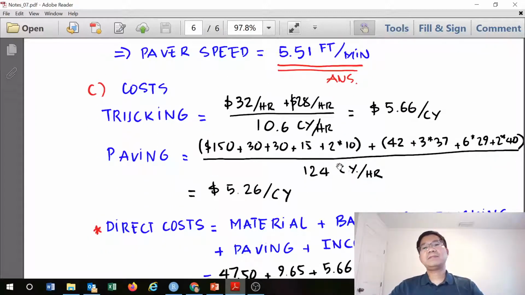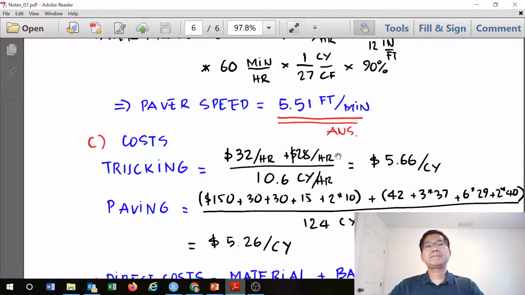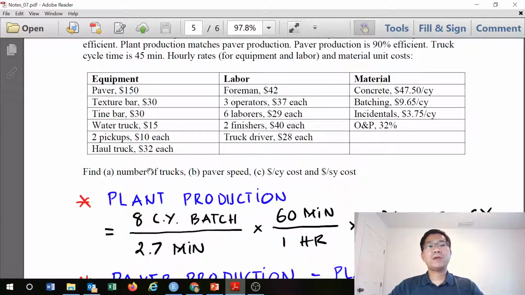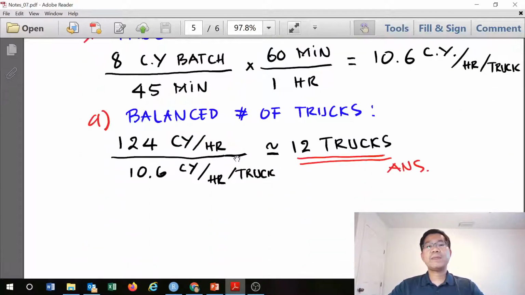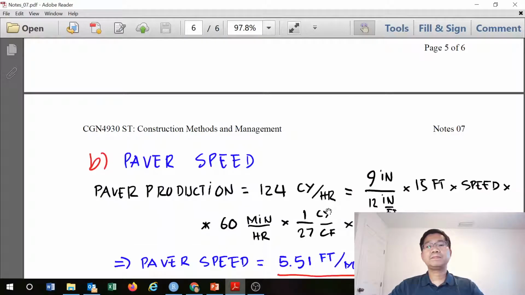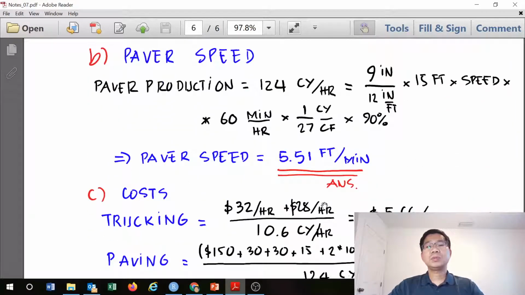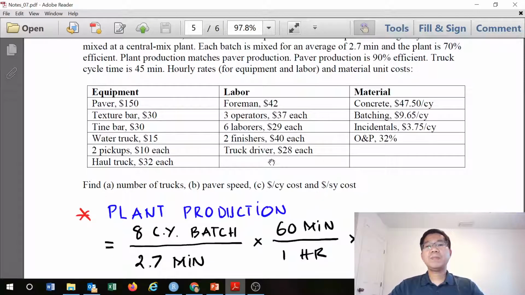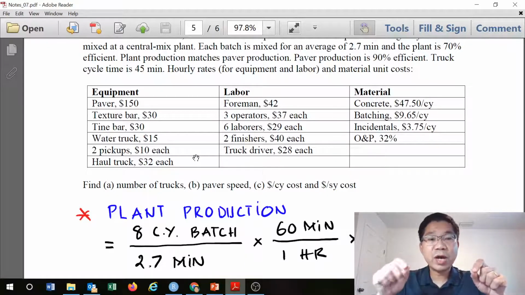First is the trucking. This is needed for the equipment. You see the whole truck, 32 dollars per hour, and 28 dollars per hour for the operator, the people. Because to have a truck, we need an operator and the truck itself, the equipment.